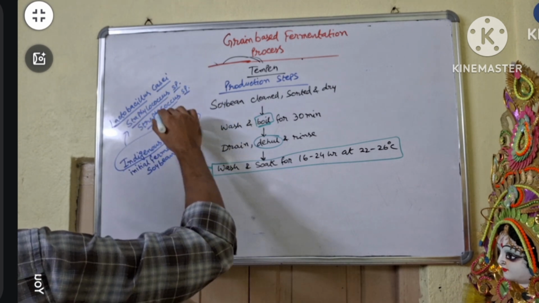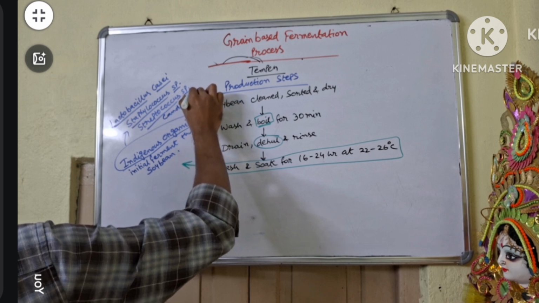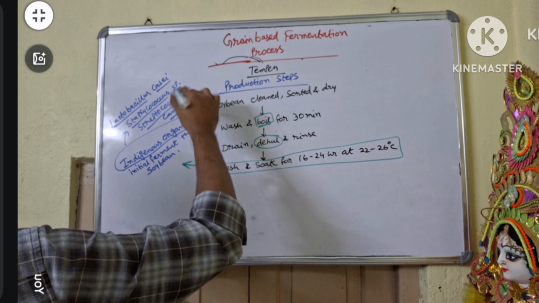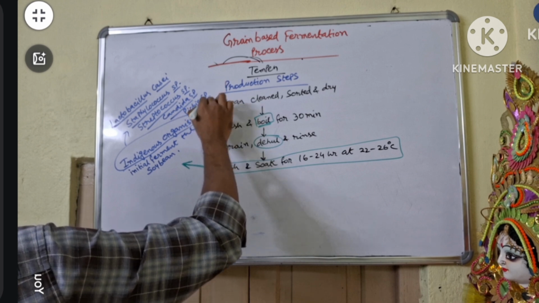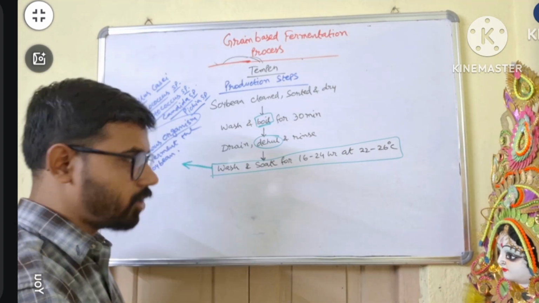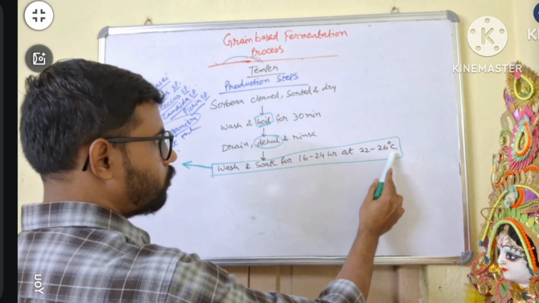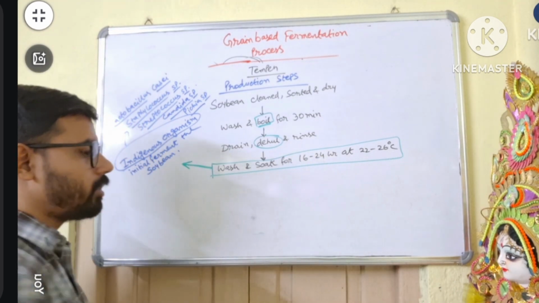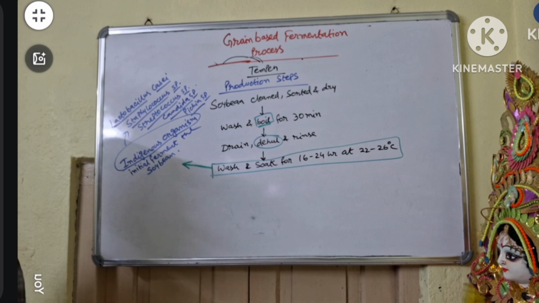Some yeast also present: Candida, Pichia sp. yeast, Candida yeast, Saccharomyces also may be present. So these indigenous microbes, during the soaking time at room temperature, 24 hours incubation period, start to initially ferment the soybean.